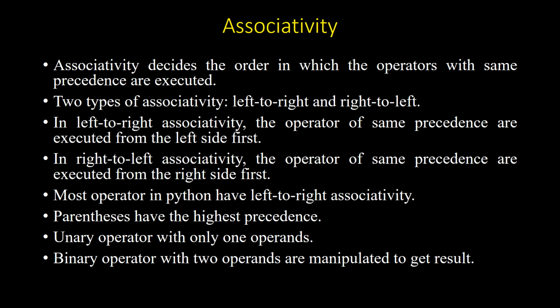There are two types of associativity: left to right and right to left. In left to right associativity, operators of the same precedence are executed from the left side first. In right to left associativity, operators of the same precedence are executed from the right side first. Most operators in Python have left to right associativity.